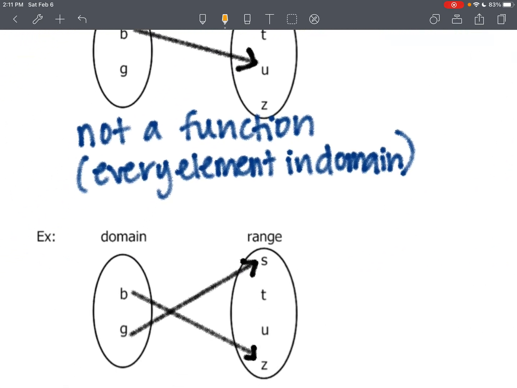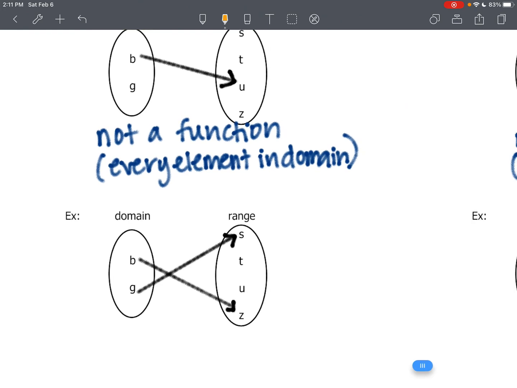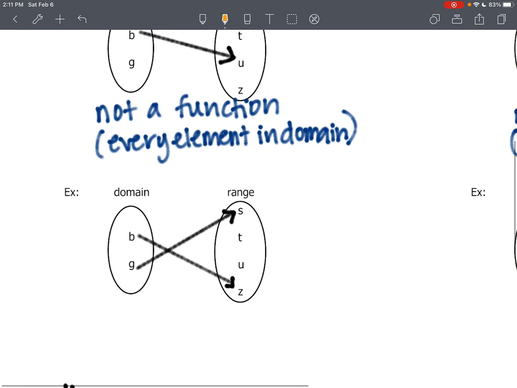Okay, let's look at another. Here's an example. We've got two elements again in the domain, B and G, and then we've got our range. Now notice how I'm not really focused on the range as much as I am on the domain. It's all about the domain. The domain are your inputs. Are all of the elements of the domain being used as an input?